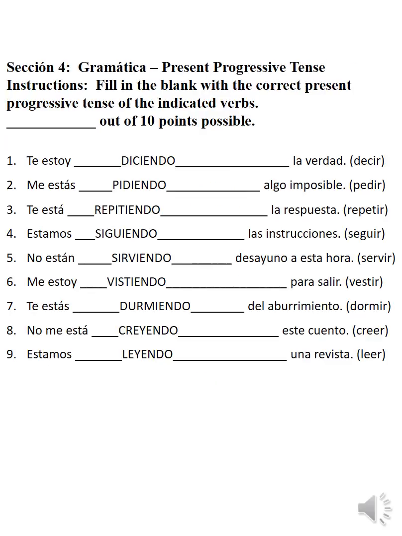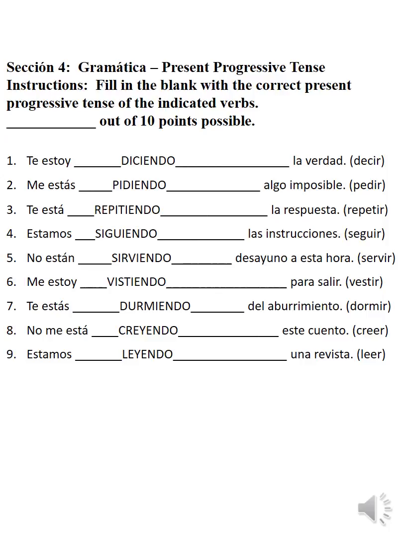And section 4. Section 4 is working with present progressive tense. It says fill in the blank with the correct present progressive tense of the indicated verbs. And because I'm such a nice person, I went ahead and gave you the correct form of the verb estar.